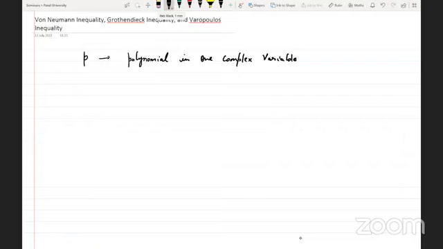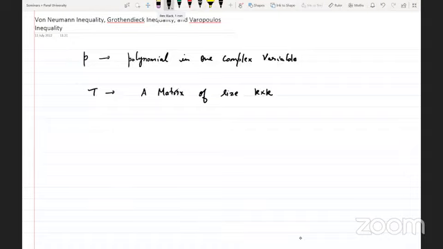The second thing we will consider is a matrix, basically a matrix of some size. We will always consider a square matrix, so a matrix of size, let's say, k by k. So it's a square matrix of size k.